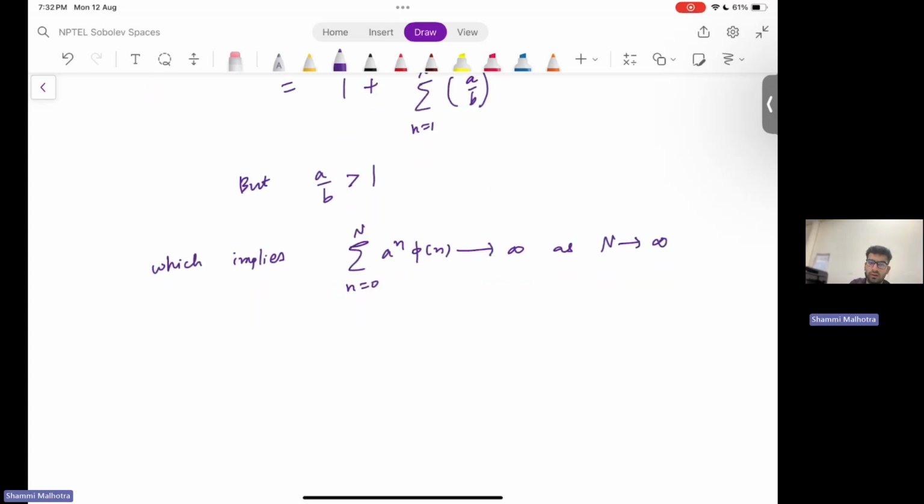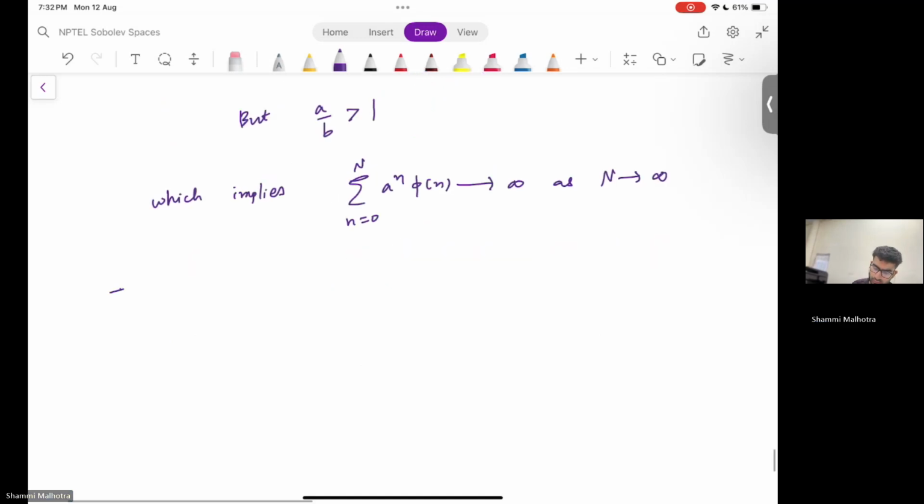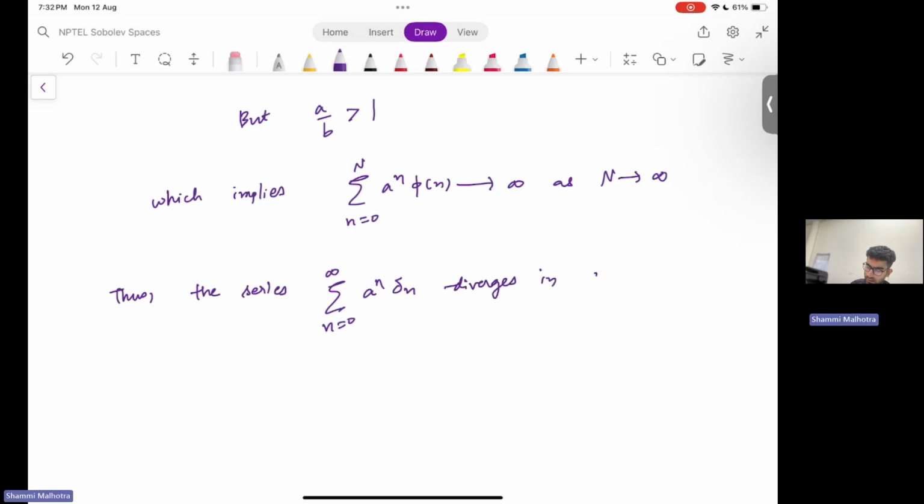And since this is not finite, thus the series summation n from 0 to infinity of a^n delta_n diverges in S' R for a greater than or equal to 1.